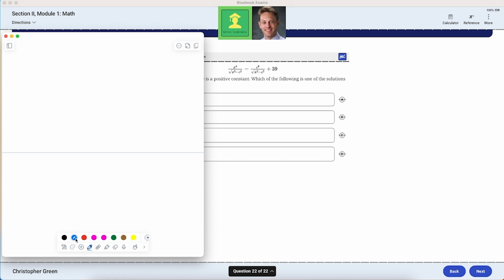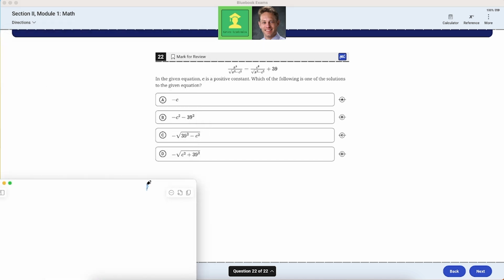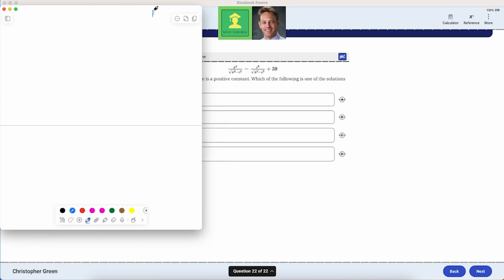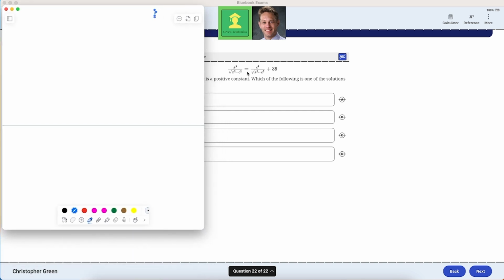So I'm going to put, which of the following is one of the solutions, as in solving for x. Now, since the item on the left and the first item on the right are over the same denominator, I'm going to put these on the right-hand side on the first step. So I could do this.